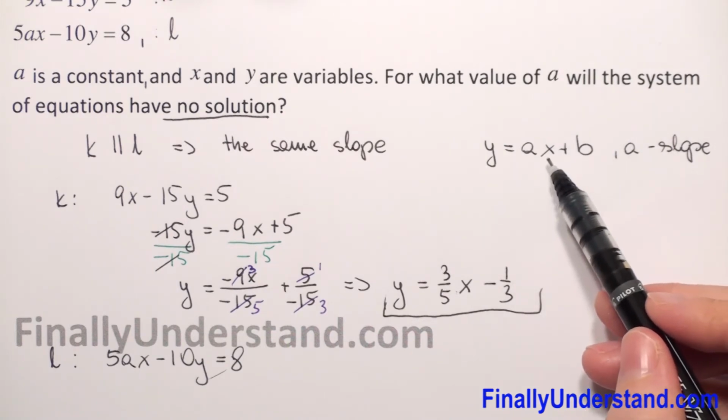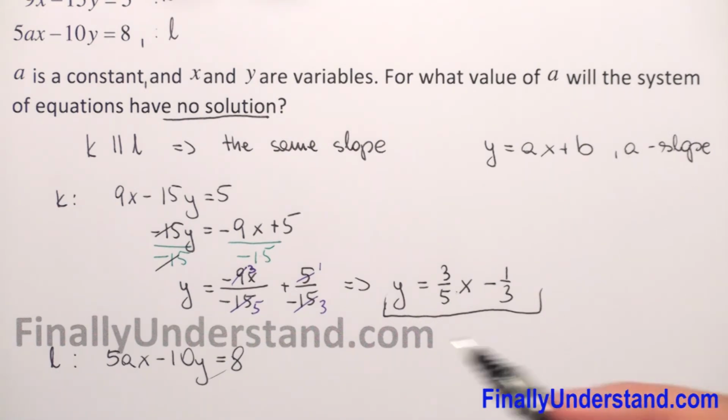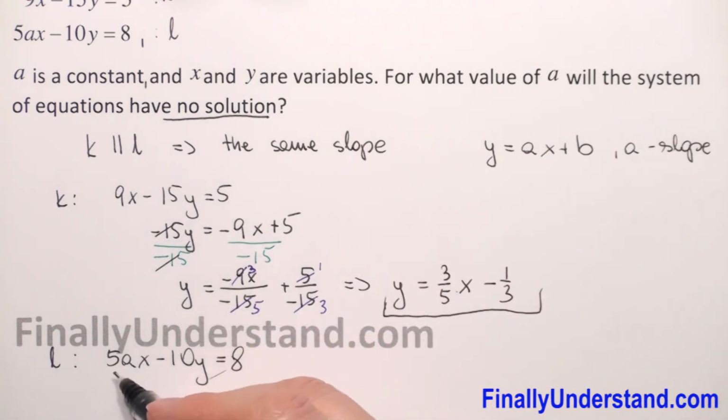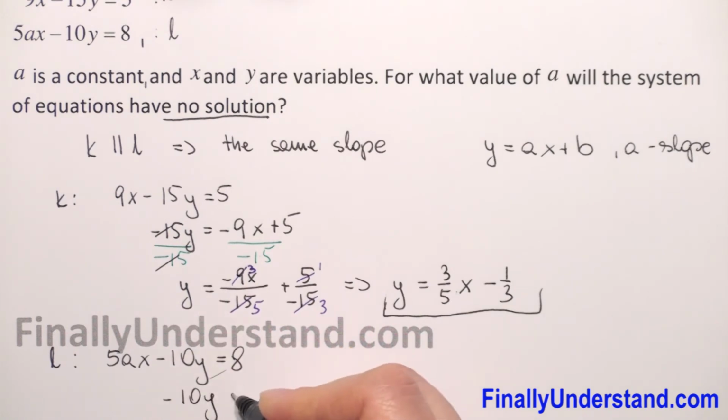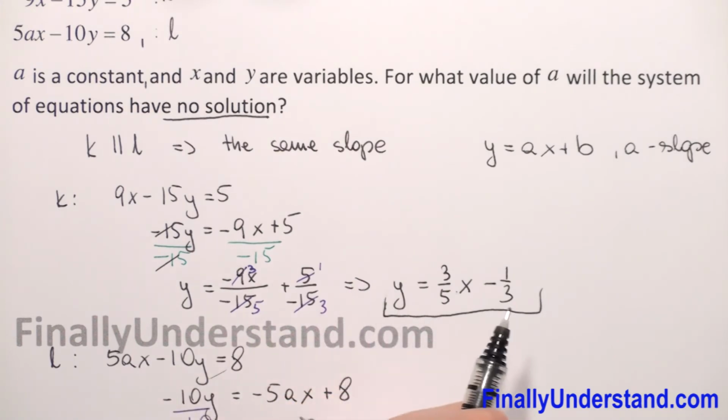The first expression on the right must be the expression with x, because the slope is the coefficient before x. So I move 5ax to the right. Negative 10y will stay, is equal to negative 5ax plus 8, which we copy. Now we will divide both sides by negative 10 because we need to have y only on the left side.